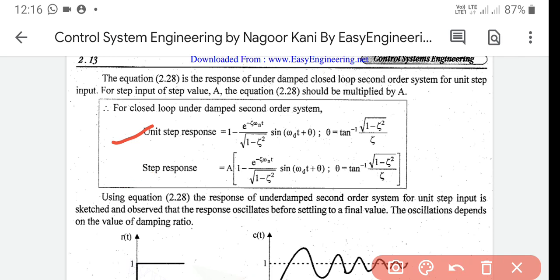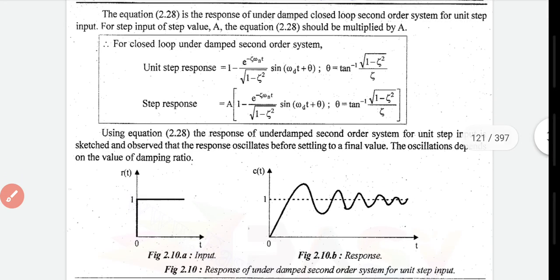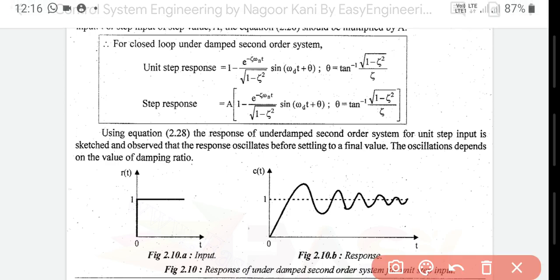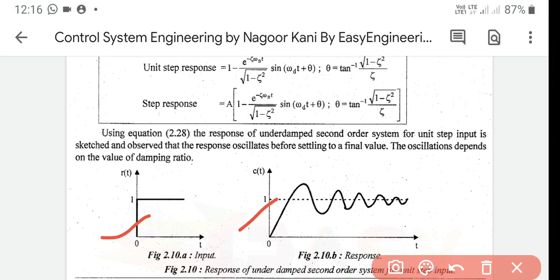Okay, so for this equation, now you are going to draw the response of the underdamped second order system for unit step input, and how you are going to draw the sketch, and how the oscillations are going to be there for the given response before settling to a final value. So this is the input and this is the response for the underdamped system.